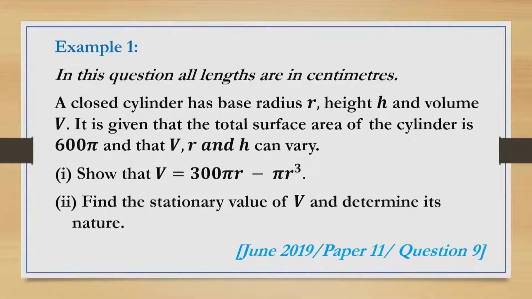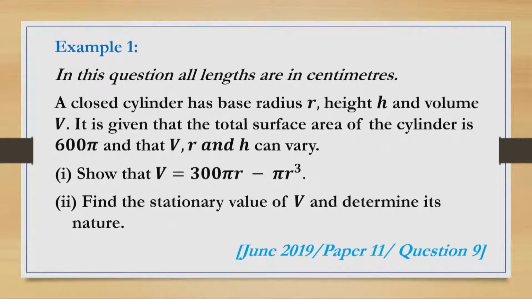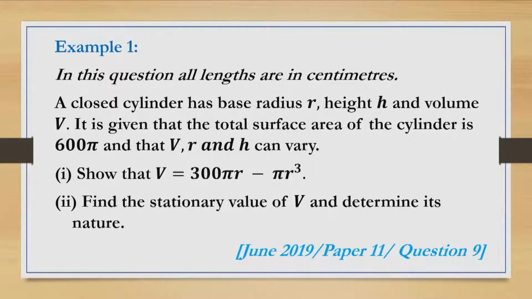First part, you need to show that v is equal to 300 pi r minus pi r cube. Second part, you need to find the stationary value of v and you need to determine its nature.